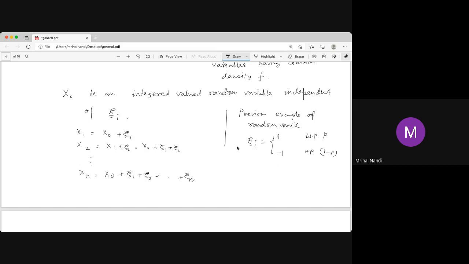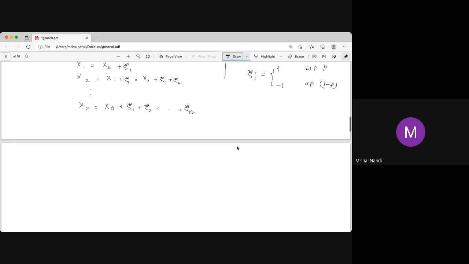Maybe xi1 is a random variable which takes 5 values, say -2, -1, 0, 1, 2, each with probability 1/5. That means at every step it can stay there, or go one step forward or two steps forward, or one step backward or two units backward, with equal probability 1/5. Now this is a generalization of the random walk, the general case.